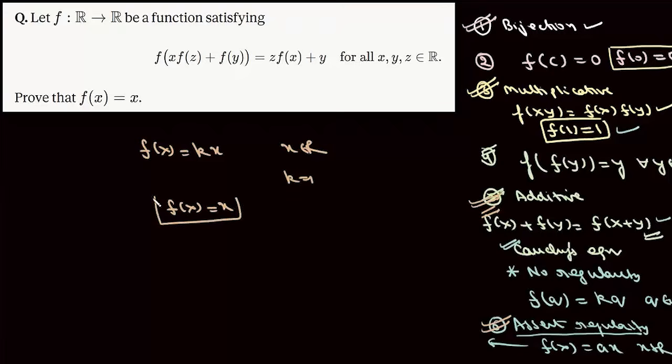And that is what we need to prove in this question. So this question involved injectivity, surjectivity, multiplicativity, additivity, involution, Cauchy's equation, monotonicity, and using all that, we were able to prove f(x) equals x. So I hope you have learned a few things through this elegant question.